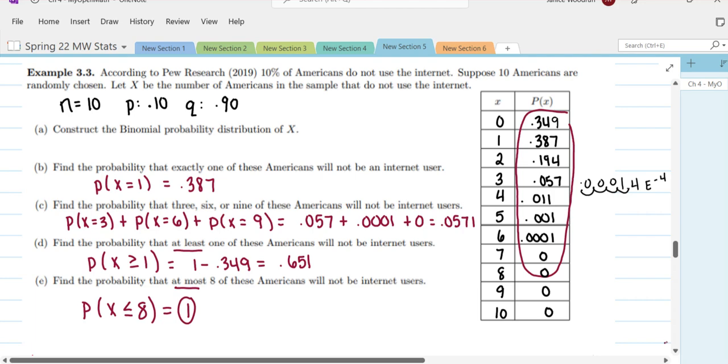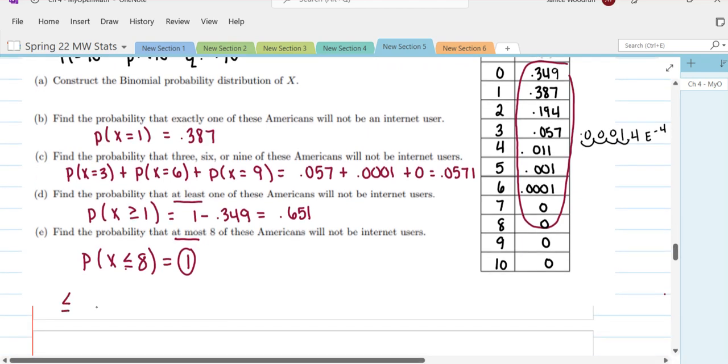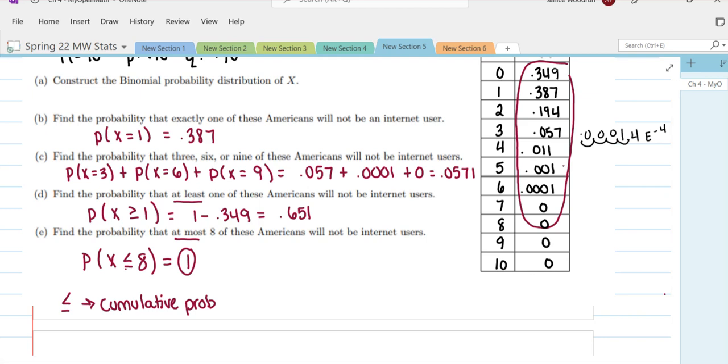Okay, now let me show you another function in your calculator. Let's say I had that and these two were not 0, and I wanted to find the cumulative probability. So if you have a less than or equal to on here, you can find the cumulative probability, because you're adding up all of those values. So instead of binom PDF, you use binom CDF, so C for cumulative.